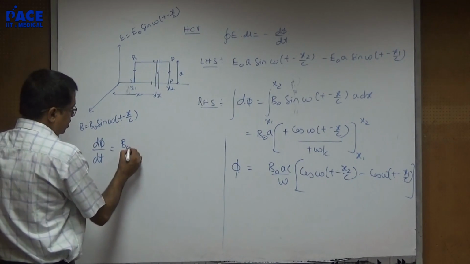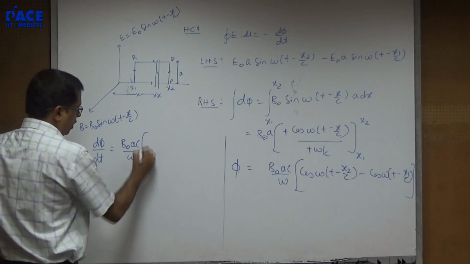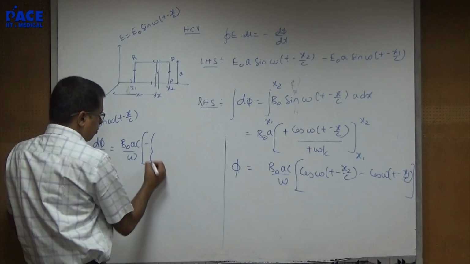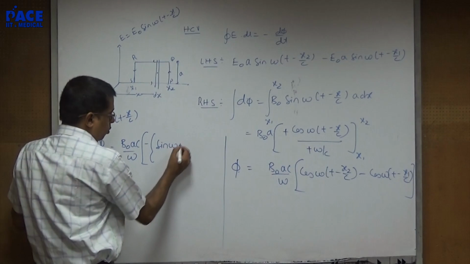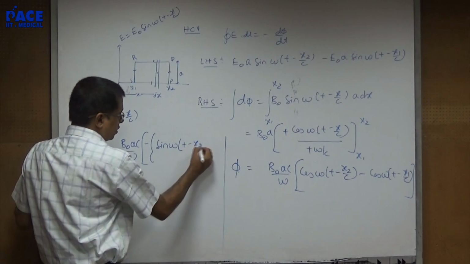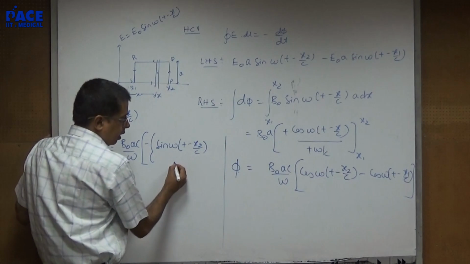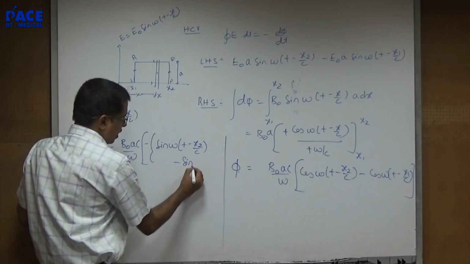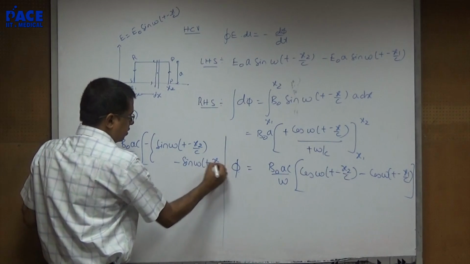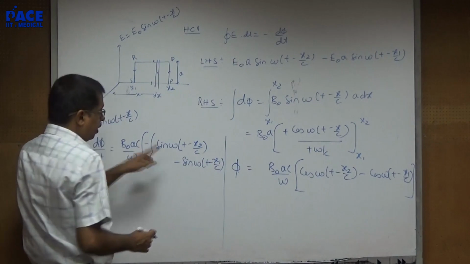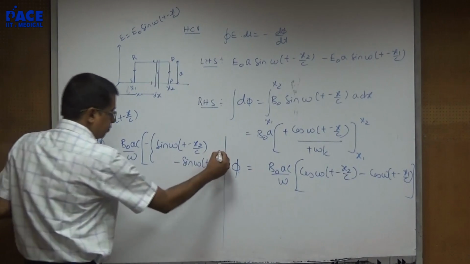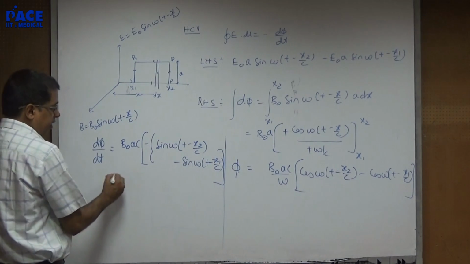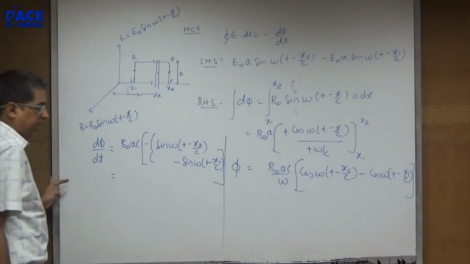When I differentiate B naught AC by omega, differentiation of cos will become sine: minus of sine omega t minus x2 by c minus sine omega t minus x1 by c, into omega. This omega I will cancel. Agreed? Because I differentiated with respect to time.